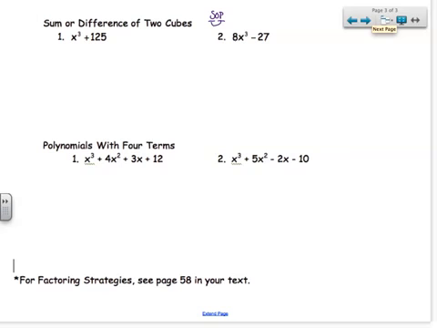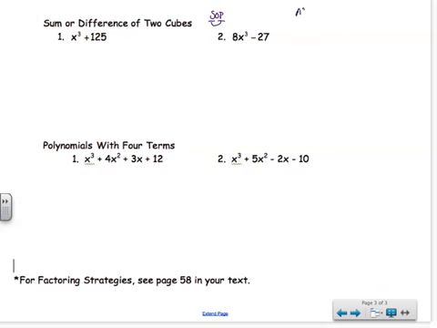When we factor the difference of 2 cubes or the sum of 2 cubes, so here's the sum of 2 cubes, we're always going to take the cube root of the first term and the last term and keep the same sign. So that's what this S stands for, same. Then in our next expression, the O stands for opposite and the P stands for positive.